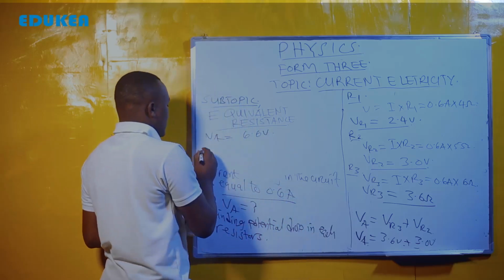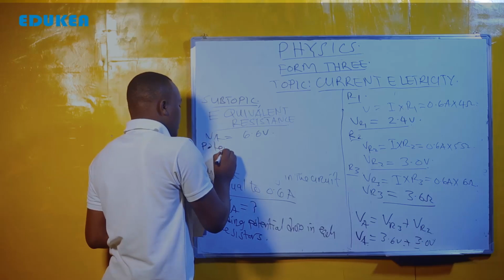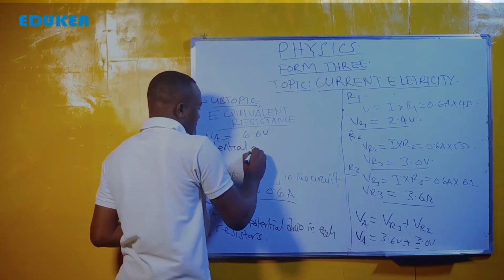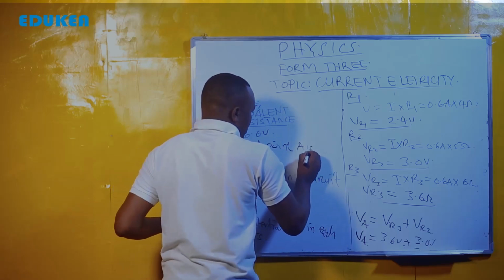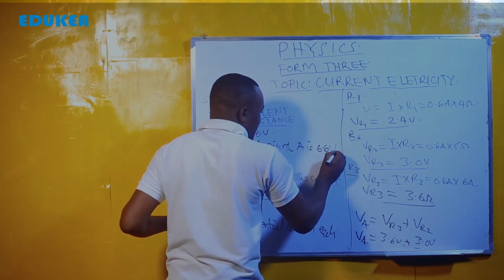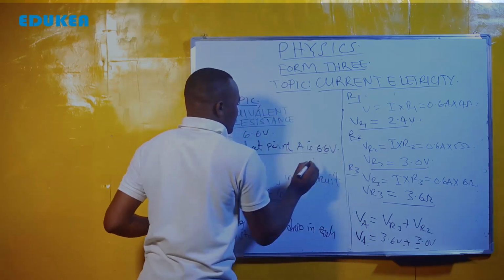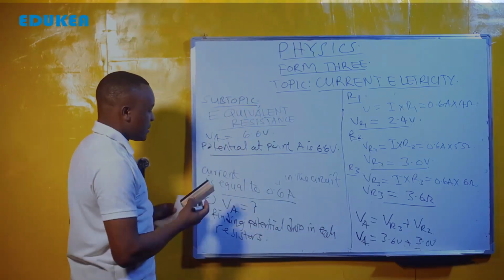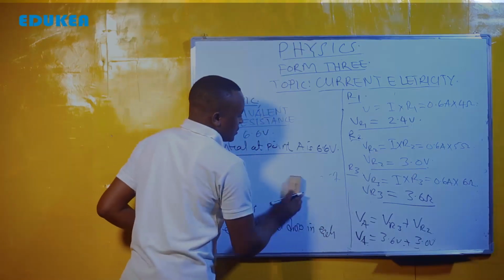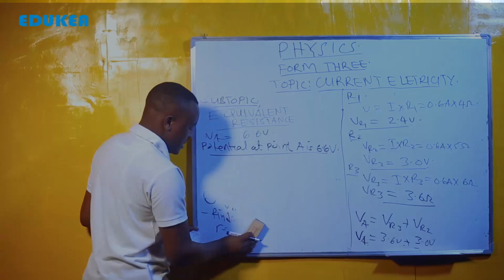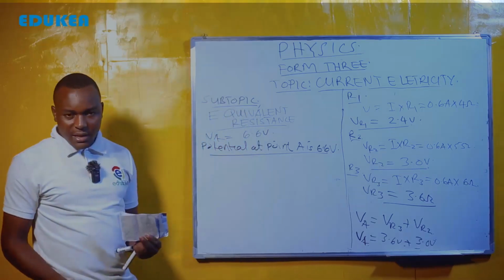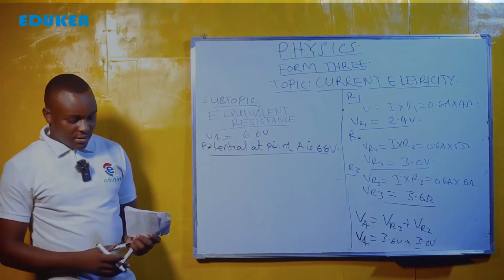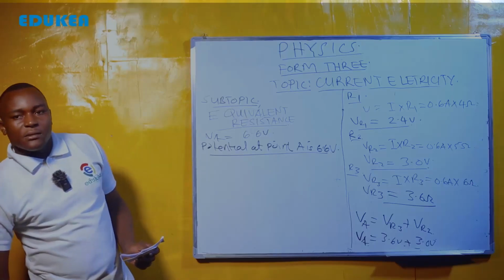So we say the potential at point A is 6.6 volt. That is how you can calculate the potential at point A.